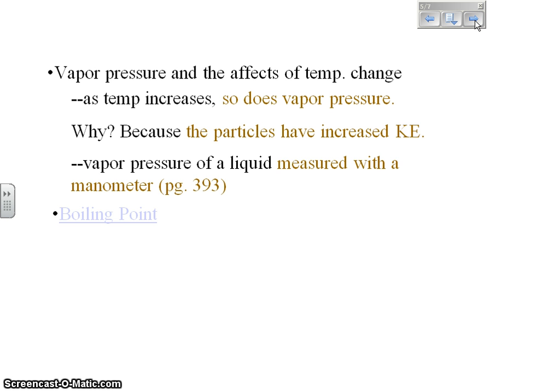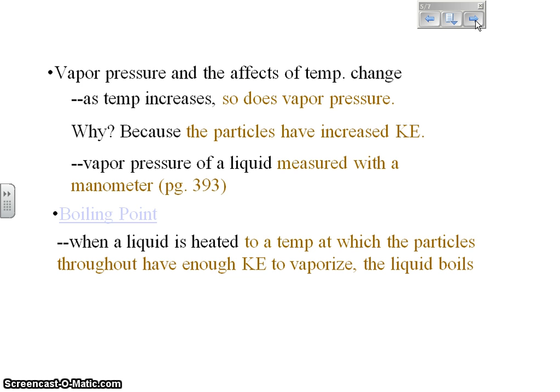All right. We talk about boiling point. Boiling point is when a liquid is heated to a temperature at which the particles throughout have enough kinetic energy to vaporize. That's when we will get boiling liquid. So in evaporation, we get the vaporization taking place at the surface because that is where the water has reached the achievable kinetic energy to break away.